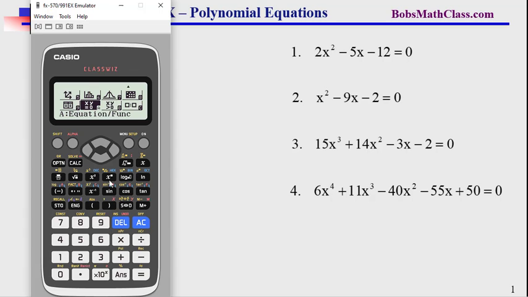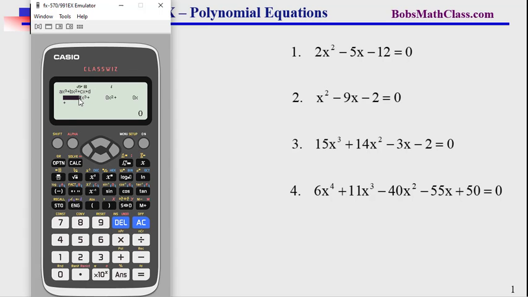All right, let's hit menu and 1 just to go back to the normal mode. Let's do number 3 now. Menu. Scroll down to letter A, equals 2. This time it's degree 3.